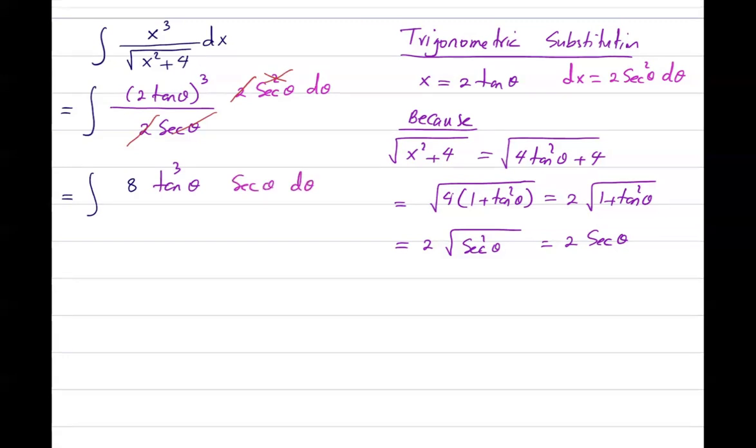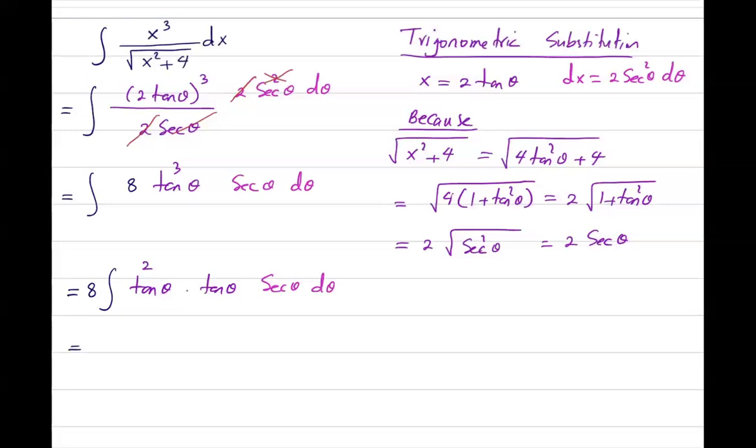Very good. In order to find this integral, you can basically write tangent to the third as tangent squared times tangent and then use regular sub. So this can be written as 8 times the integral of tangent of theta to the second power times tangent of theta times secant theta d theta.